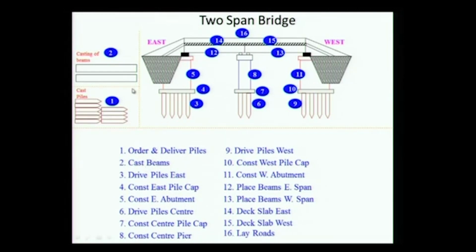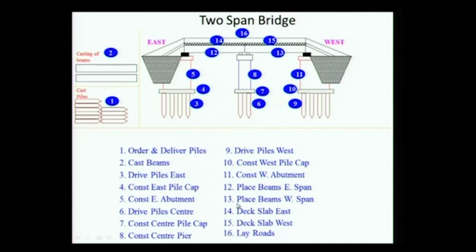Then we are talking about casting the beams, driving the piles in the east, constructing the pile cap, constructing the abutment here, driving the piles in the center, constructing the center pile cap, constructing the center pier, driving the piles in the west, again the pile cap, the abutment, then placing these beams here, placing the second set of beams, and then the deck slab over the beams, and then finally laying the road over this.